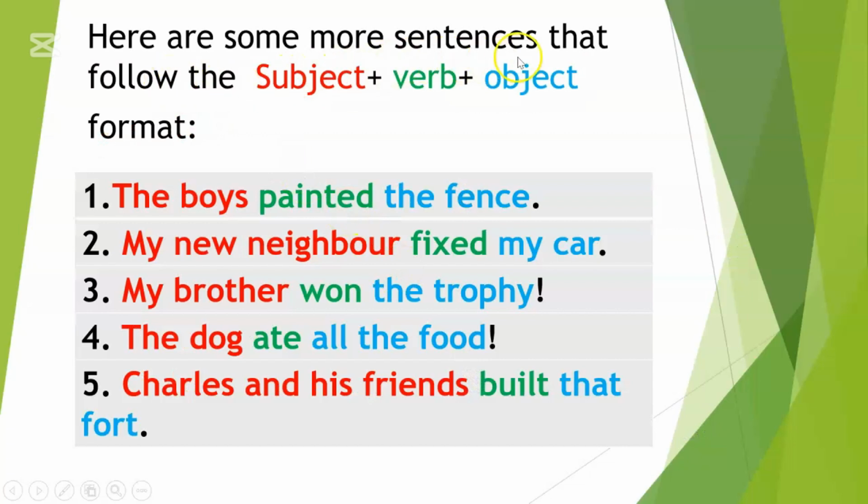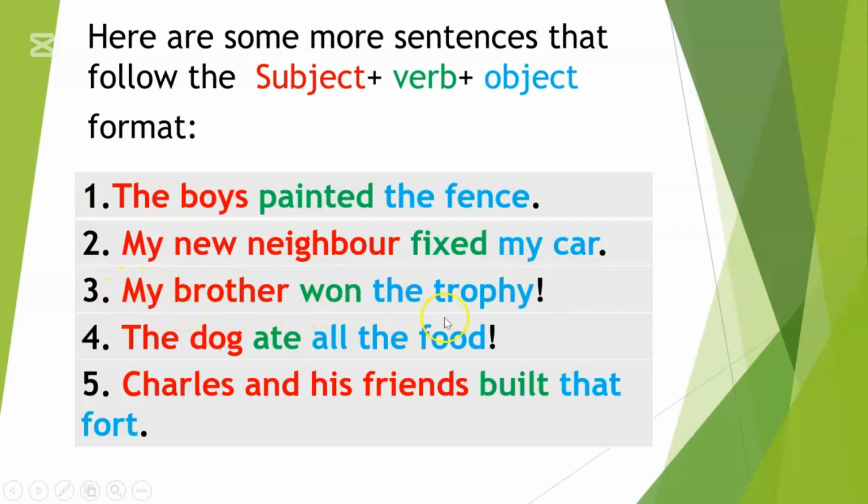Here are some more sentences that follow the subject plus verb plus object format. And again, all of these sentences are active and they're all in the simple past. Sentence number 1. The boys painted the fence. Sentence 2. My new neighbor fixed my car. 3.